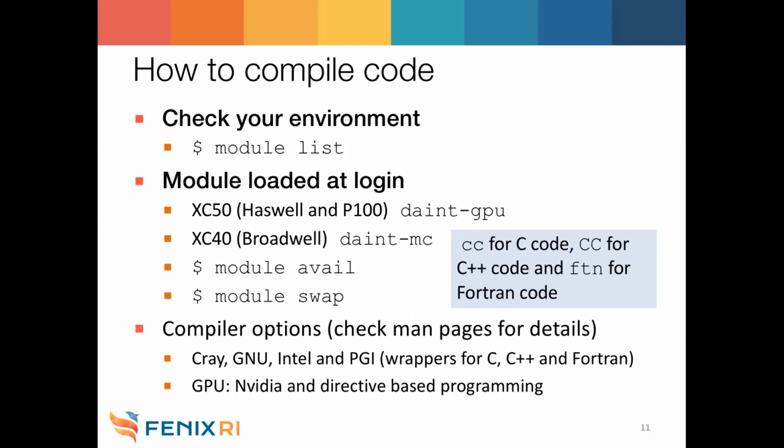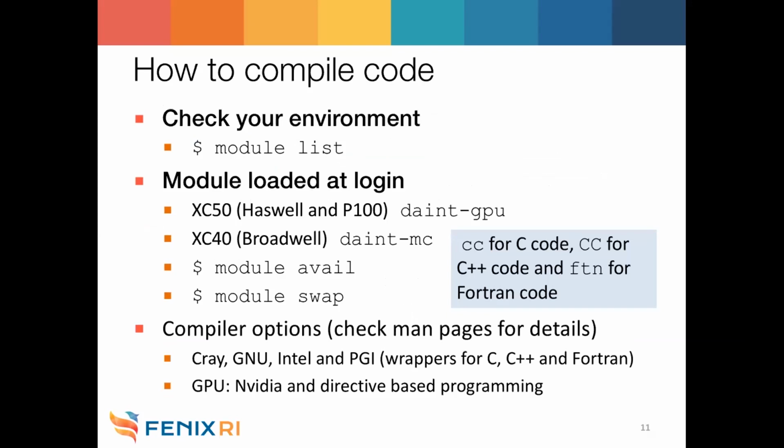Assuming that you are on Piz Daint and you would like to compile your code, the environment is based on modules, a very standard module-based environment, if anyone is familiar with it. So once you access Piz Daint, and assuming you know whether you want to use the GPU part or the multi-core part of Piz Daint, you will do a module list.